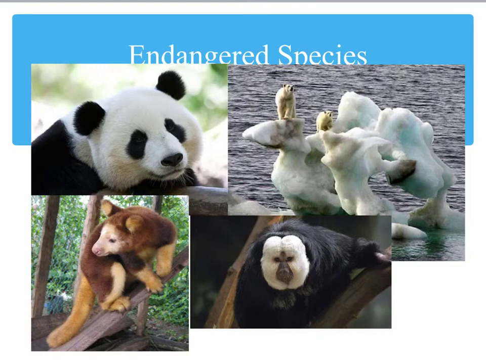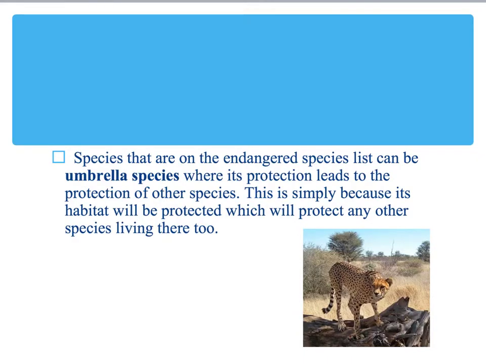Oh, endangered species. This one gets everybody every time. The panda bear, the polar bear. I don't know what he is, but he's so cute. I don't know, cute or not. I think cute. So endangered species, you know, obviously are in danger of being eliminated from the earth.